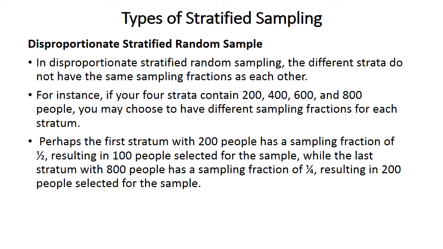If your 4 strata have 200, 400, 600, 800 population, you may choose to have different sampling fractions for each stratum. Perhaps for the first stratum with 200 population the sampling fraction is half, so you can have 100 people selected from that sample. While the last stratum is 800, you can have a sampling fraction of 1 by 4, which means that your sample out of 800 is 200. So the fractions are not equal or in proportion with the population size. This is called disproportionate stratified sampling.